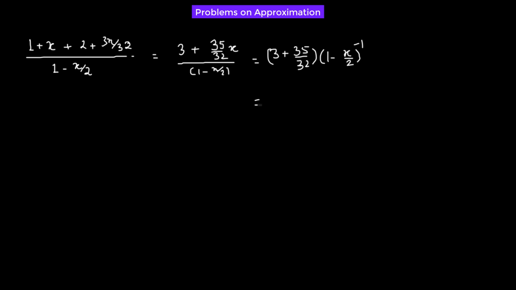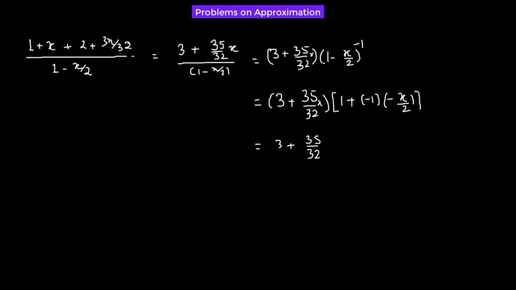Now we apply the binomial approximation to the second expression. So this is simply 3 plus 35 over 32 times x, multiplied by 1 plus x over 2. I'm missing an x here. There's an x multiplied to 1 plus x over 2.